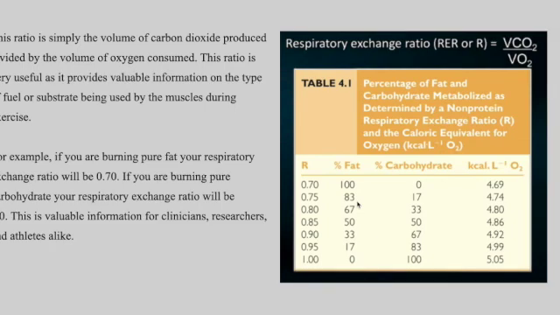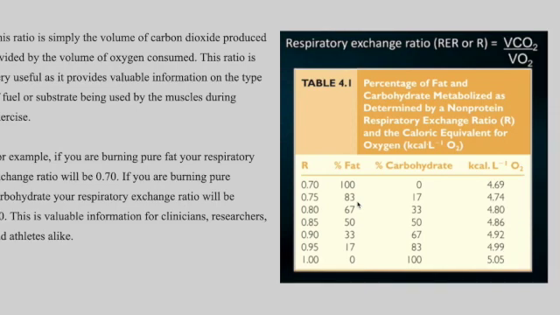Actually, I'm going to wait till we get to that part, but I will show you with more diagrams how, when we start our workout at different intensities, O2 and CO2, or VO2 and VCO2, work with each other. But anyway, hear me on this: RER, or your respiratory exchange ratio, is simply the volume of carbon dioxide produced divided by the volume of oxygen consumed.